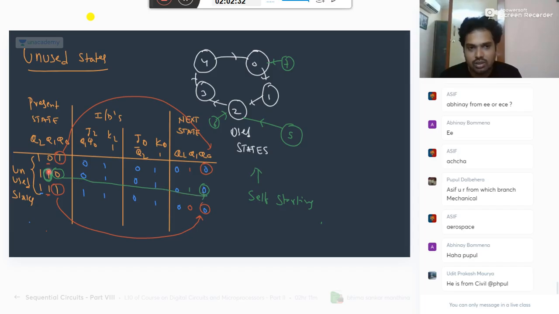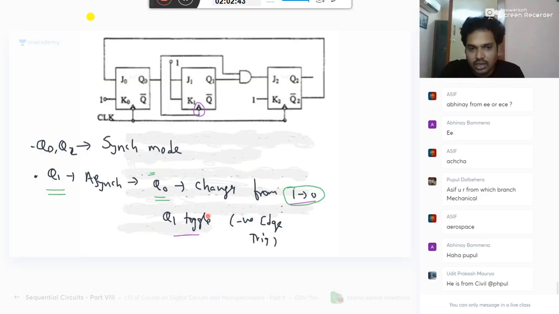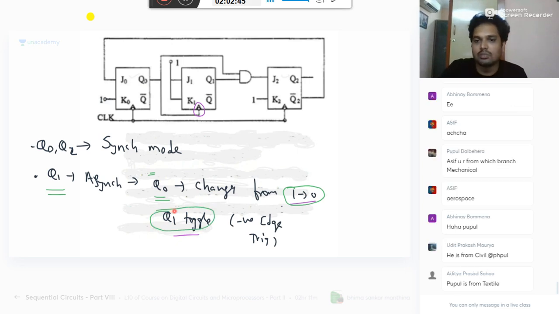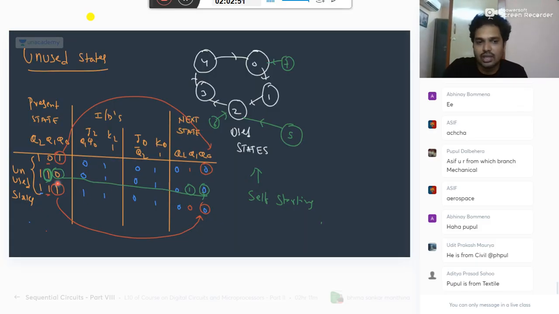Previously, how much is it? 1. So I took 1. It is previous value or toggle we are speaking. If it is changing from 1 to 0, it will toggle. Toggle means previous bar. Is it clear, Anuj? Here we are saying when it changes from 1 to 0, this will toggle. Toggle means not 1, previous bar. Otherwise, no change. No change is not 0. It is same as previous value. Is it clear, Anuj?